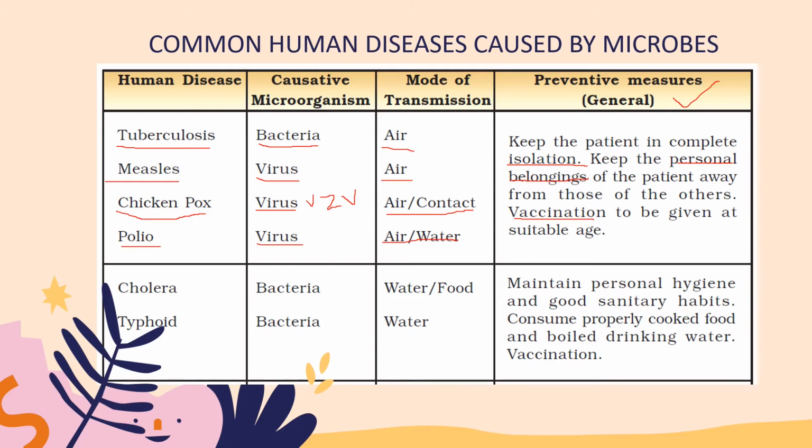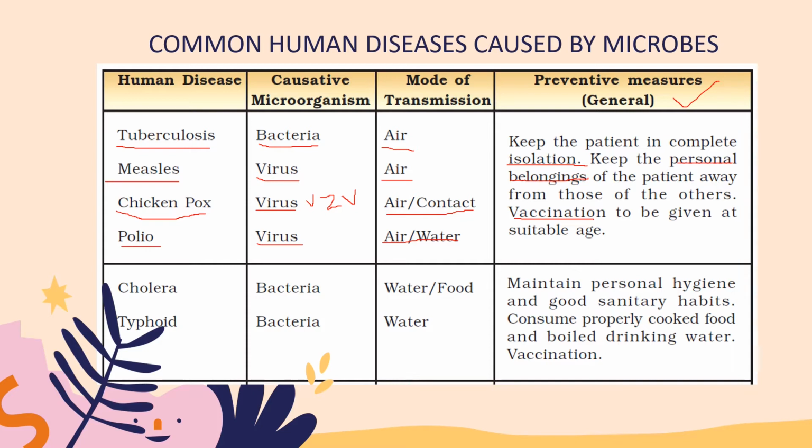But the problem is the symptoms of COVID developed many times after you already have the disease and you don't know that you are the carrier of the pathogen, and unknowingly you have already transmitted the disease to many healthy people before quarantining yourself.